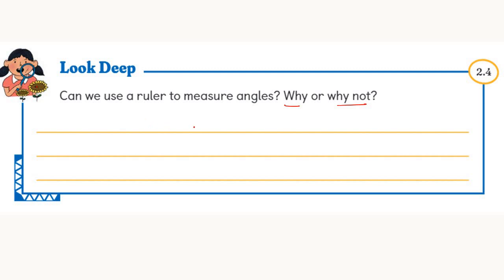It is not for measuring rotation. A ruler is used to measure only the displacement of points or objects. It is not used for measuring rotation. And what do we use to measure rotation, children? Protractor. Yes.